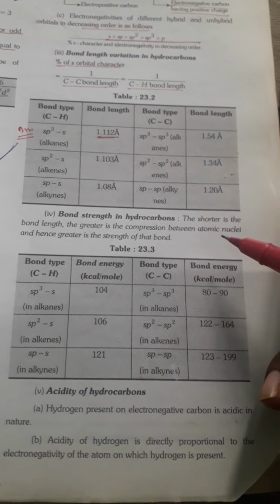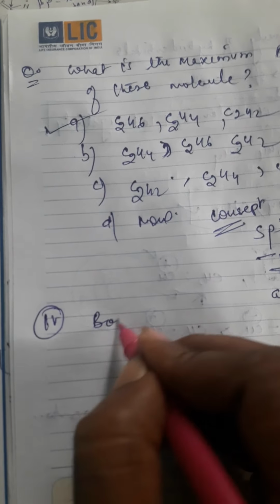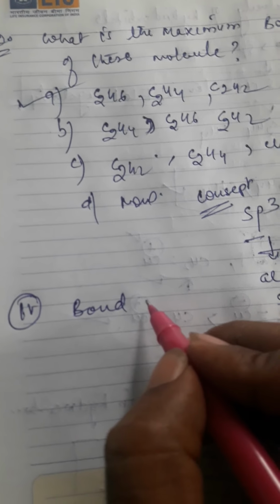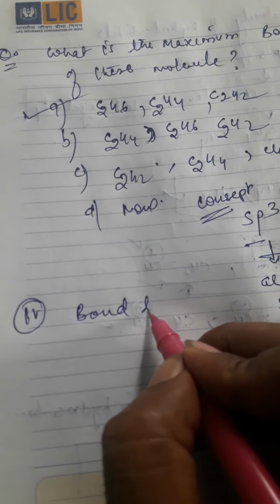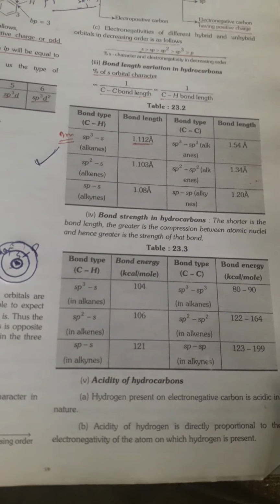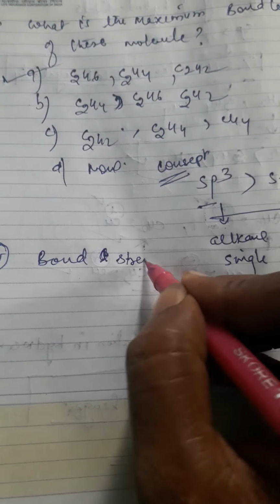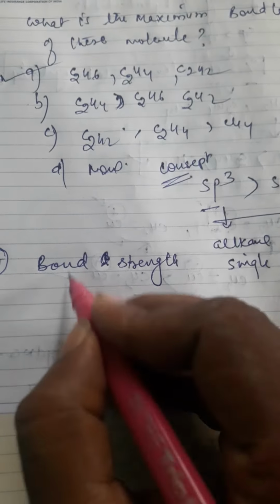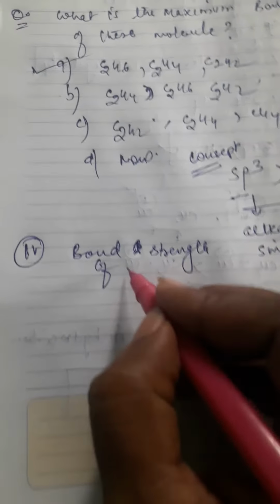If we talk about bond strength, the fourth application of hybrid orbitals is bond strength. Hybridization also indicates how strong a bond is, that is, the bond strength of hydrocarbons. So it is the fourth application.